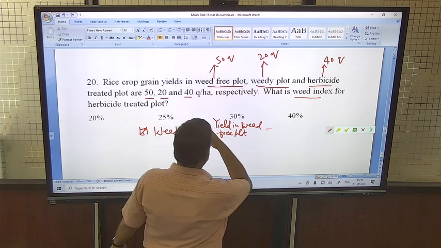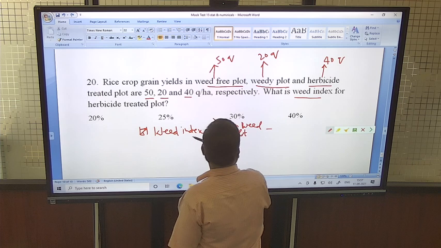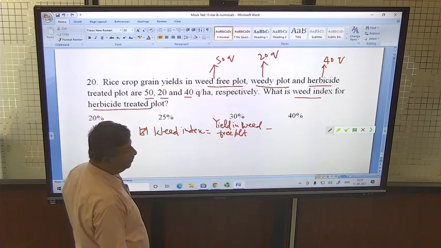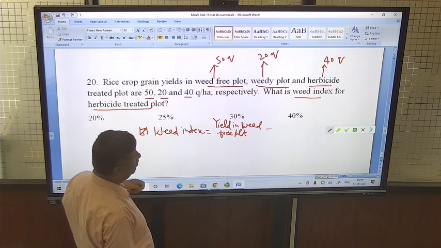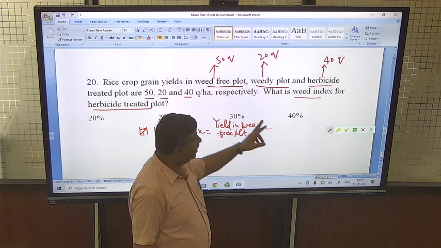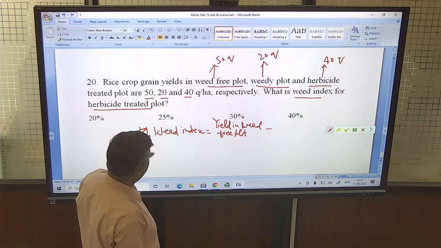So here it is required for the herbicide treated plot, not for the weedy plot. If it is asked for the weedy plot, then we will put the value of the weedy plot.